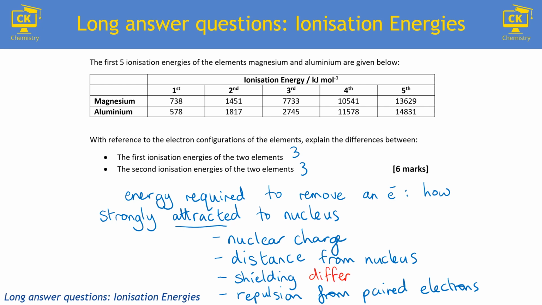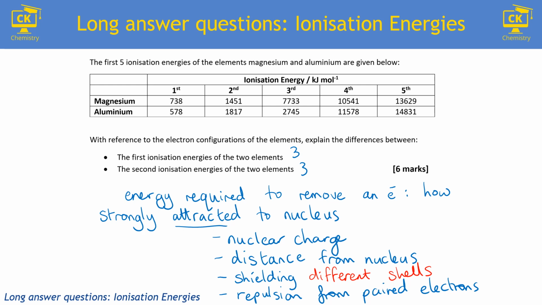Not different subshells, not different orbitals, literally different shells. So we're talking about things that are in different rows of the periodic table. Magnesium and aluminium are both on the same row of the periodic table, so we're not talking about that here. So no mention of shielding whatsoever.